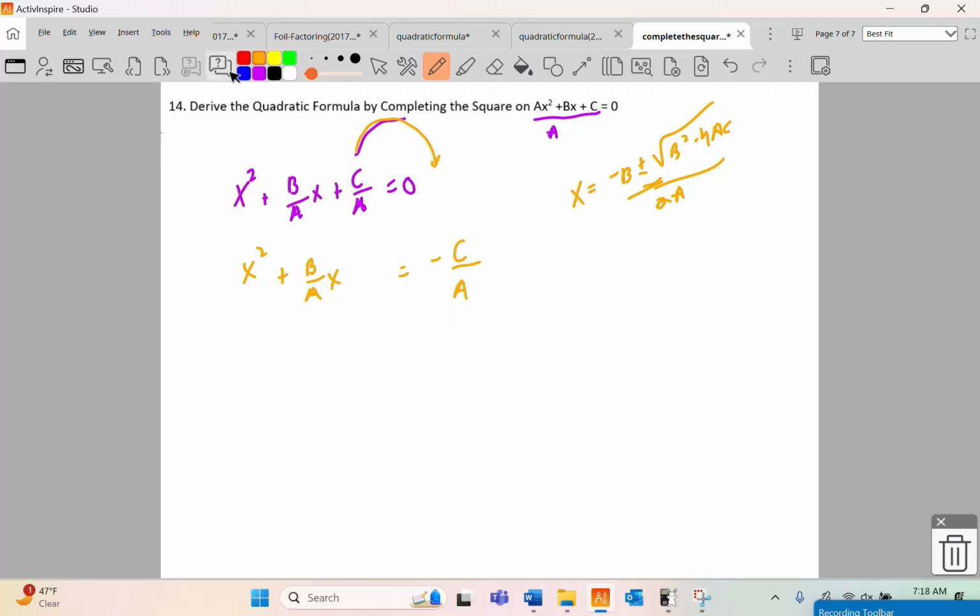We are supposed to take half of the b term. We're supposed to find b over 2, and that's this piece right here. Kind of funny, huh? So that would be b over a with a 2 in the bottom. That's what it would be. Then we're supposed to square that piece. And if you square it, you get b squared over 2 times 2 is 4, a times a, 4a squared.